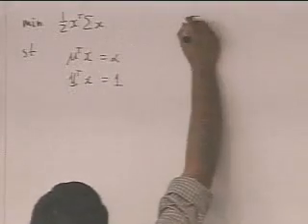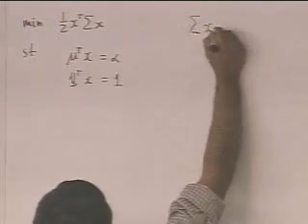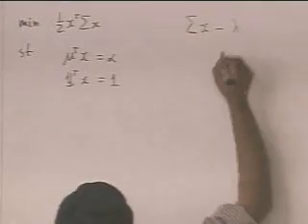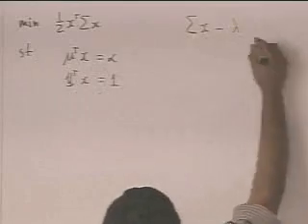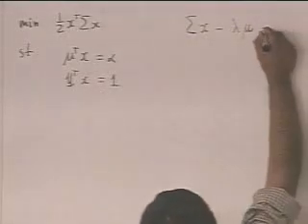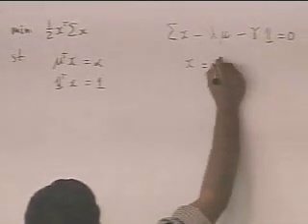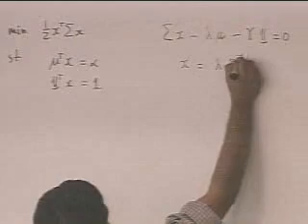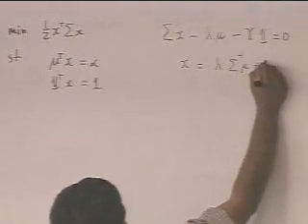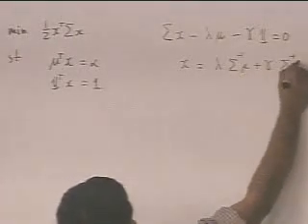Lagrangian conditions for this would give me that the gradient of this, which is sigma x, must equal minus the first multiplier lambda times the gradient of this constraint, which is mu, plus another multiplier gamma times the second constraint, which is 1, must equal 0, which gives me that x must equal lambda times sigma inverse of mu plus gamma times sigma inverse of 1.